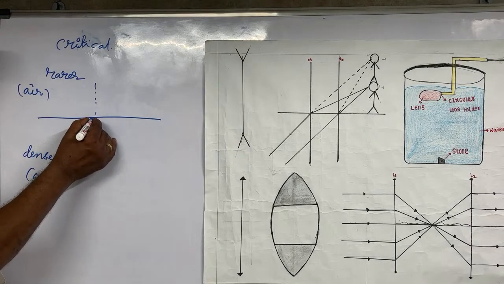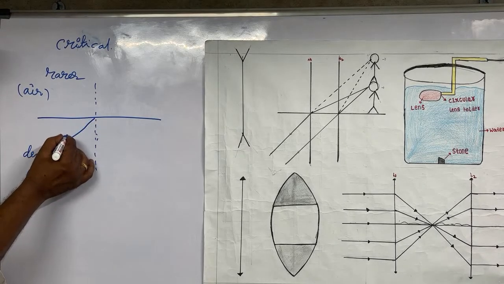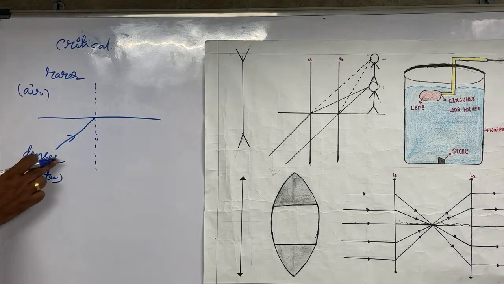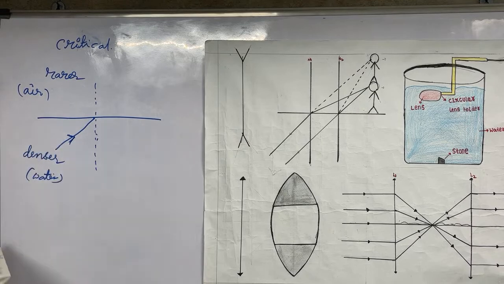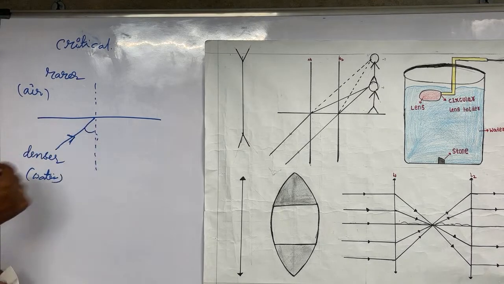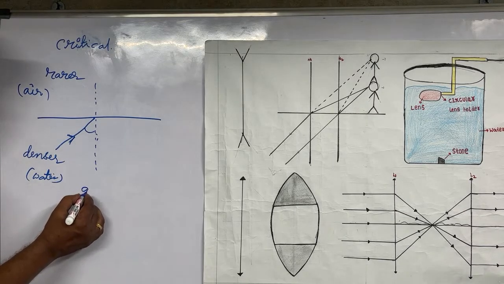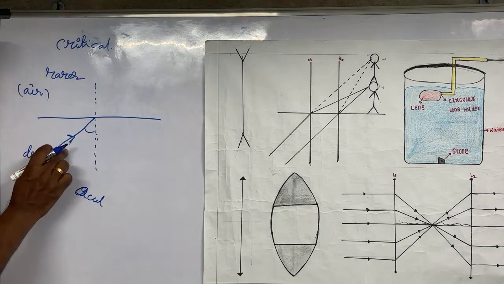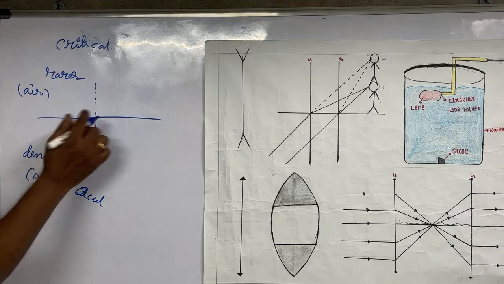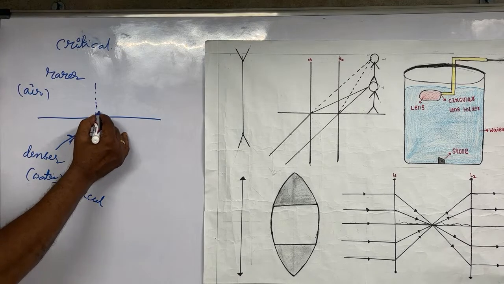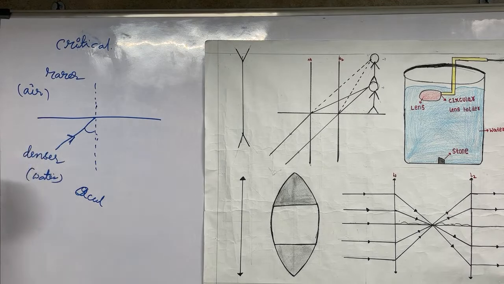Suppose one light ray is coming from water, and I am sending the light ray from water here, making a certain angle. It is less than 90 degrees. That angle should be an acute angle. One incident ray making an acute angle is coming, and it is not coming out of the rarer medium.